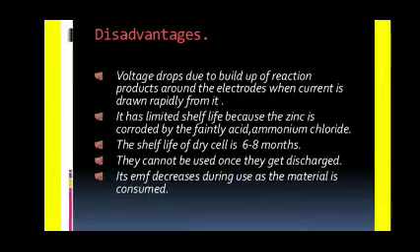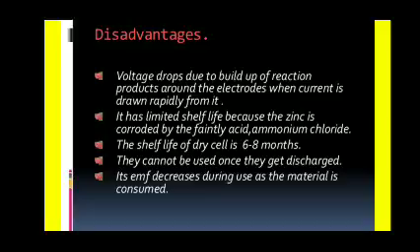Disadvantages of dry cells. Voltage drops due to buildup of reaction products around the electrodes when current is drawn rapidly from it.